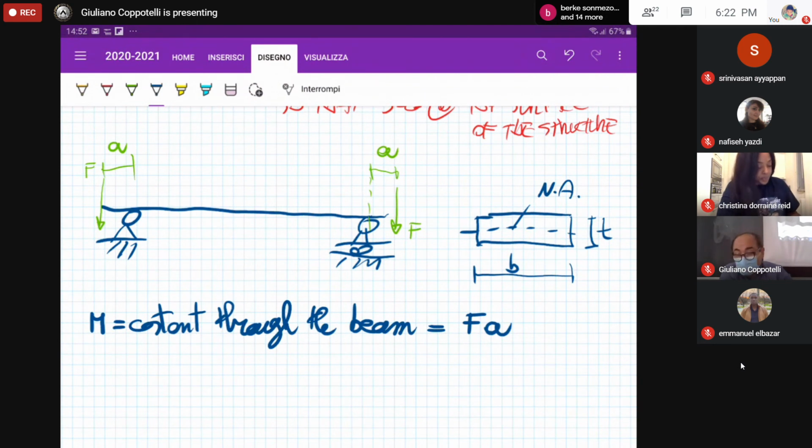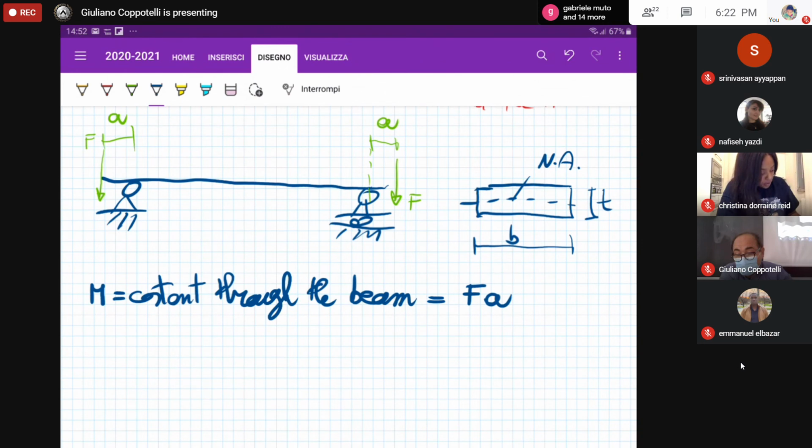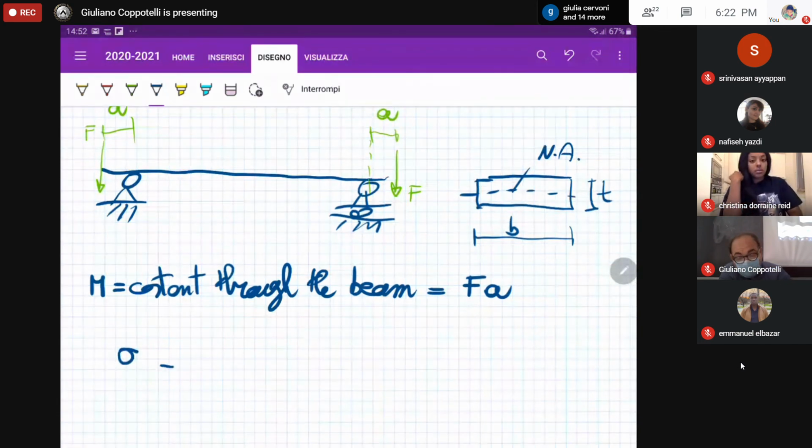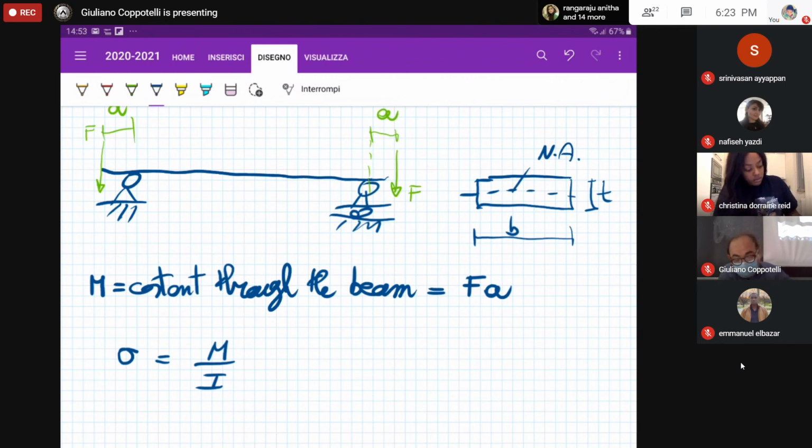If you remember the Euler-Bernoulli beam model, what we can say is that the stress is equal to the ratio of the bending moment by the moment of inertia, okay? And then the distance, let's call it C, the distance C from the neutral axis.